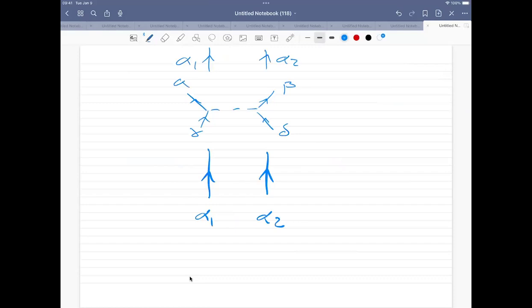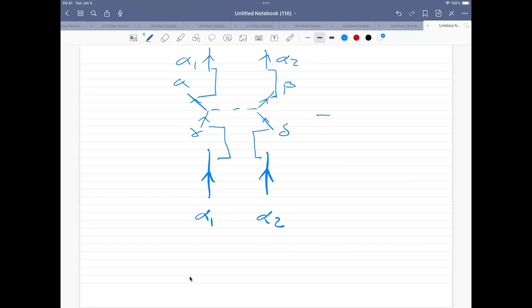So what you would do typically is to indicate the contractions. In the first example we looked at, we contracted alpha 2 with beta, and alpha 1 with alpha, and gamma with alpha 1, and delta with alpha 2.